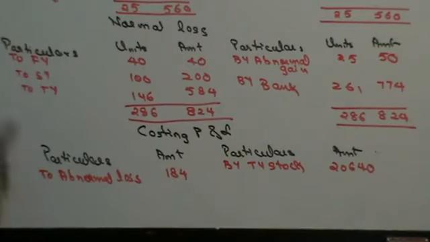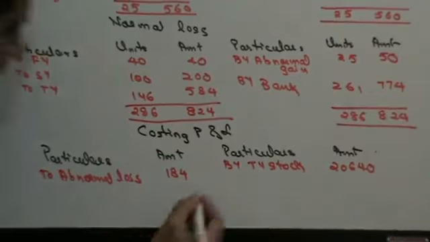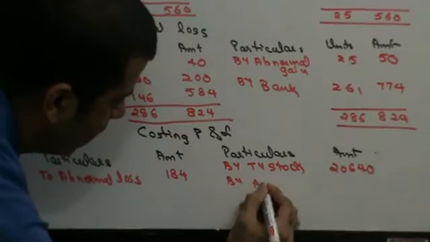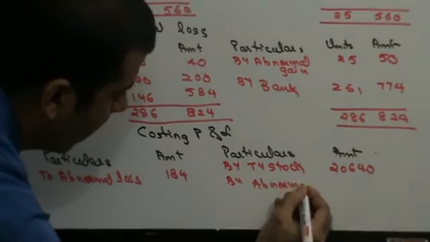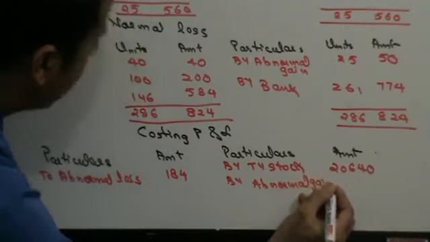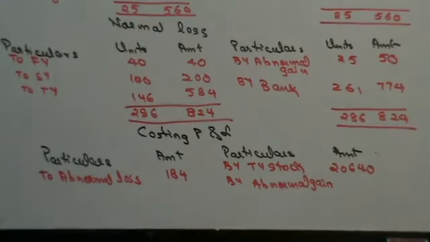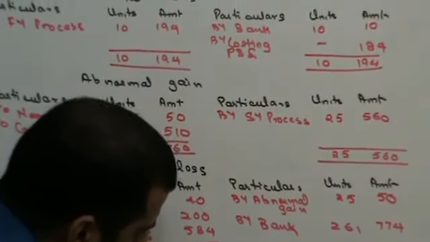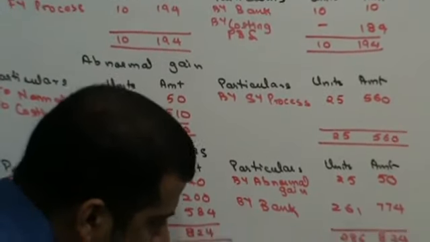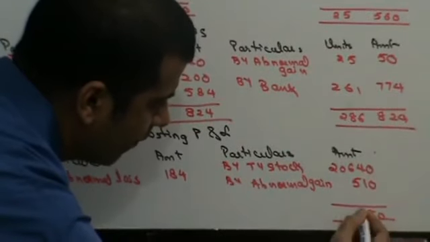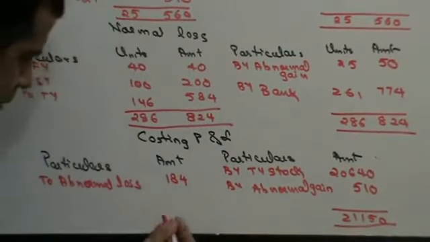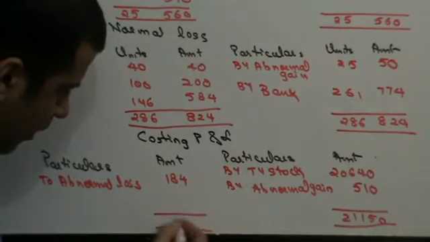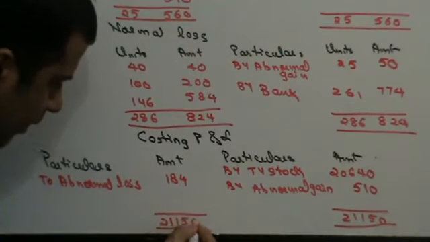Then you have costing P&L in abnormal gain account. So this is by abnormal gain. Abnormal gain amount is 510. Tally this. 0, 5, 11, 21,150, 21,150.